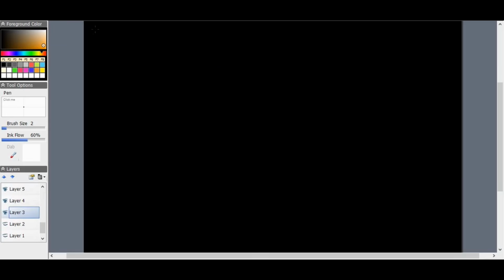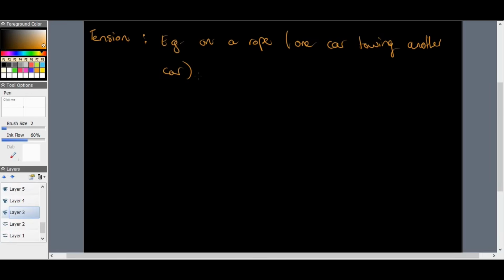The next type of force, which is also a contact force, is tension. Now if you have a look at tension, for example on a rope, such as one car towing another car, so it's pulling another car that is broken down, you'll find that there is tension on that rope.